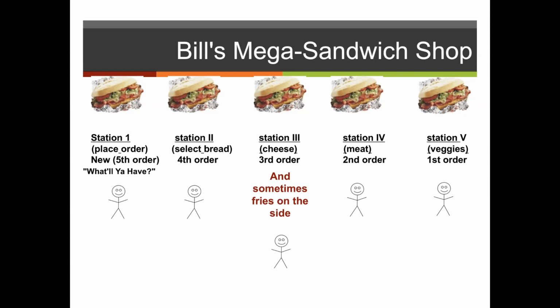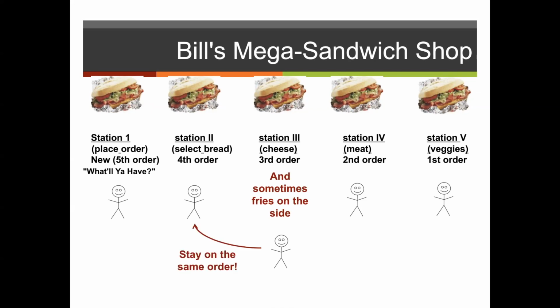Bill thinks that since the cheese guy has the least amount of work, maybe the cheese guy can add fries on the side for customers. So what type of problem might this present for us?